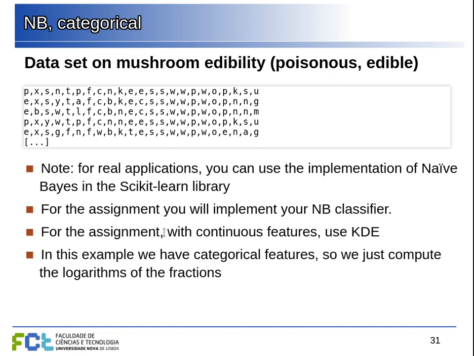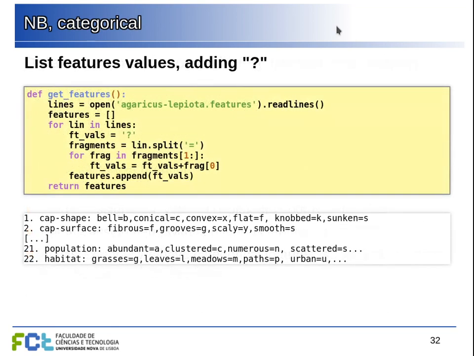For the assignment, you'll have continuous features, so you're going to use kernel density estimation. In this example, since we have categorical features, we are just going to compute the frequencies, the fractions of the occurrence of each feature value in each feature. So something like a histogram where we have the different bars with the fractions.